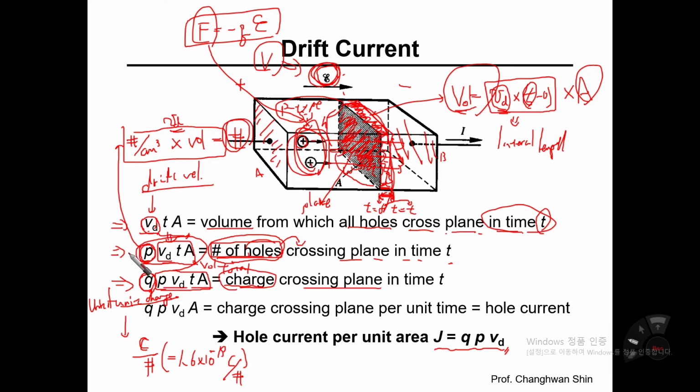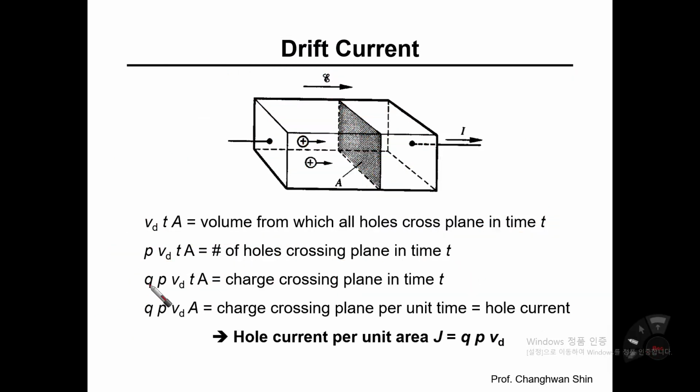Suppose that p is, say, 10, and we multiply the unit charge times 10, meaning the total charge coming from 10 holes, right? That kind of mechanism can be used to understand the meaning of this term qpVdtA. All right, so we are all done for step number 3. Now let's move on to step number 4. What is this?